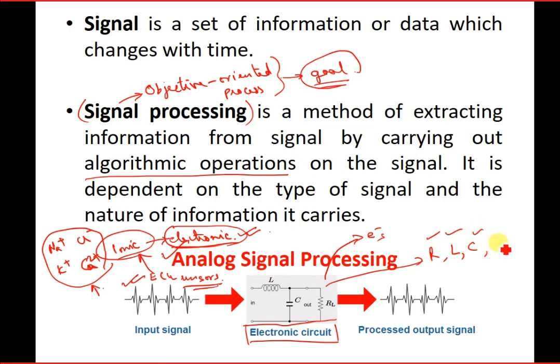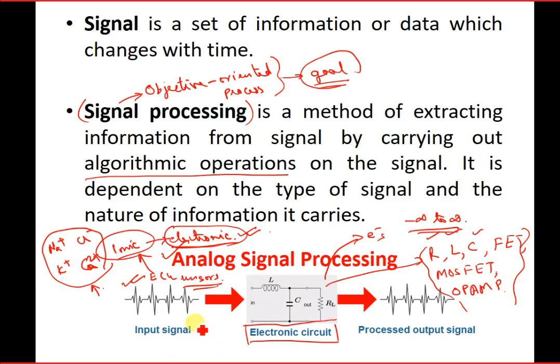Apart from this, we may have field effect transistors, MOSFET transistors, operational amplifiers, and so on. What is the characteristic of all of these components? They can take amplitude values in the range of minus infinity to plus infinity.